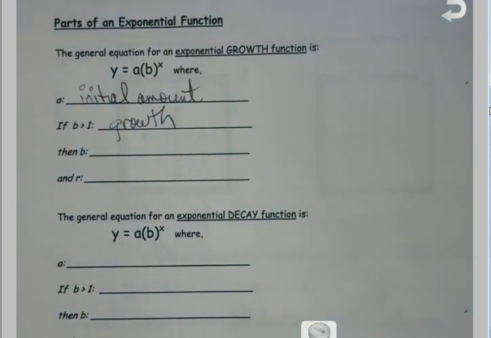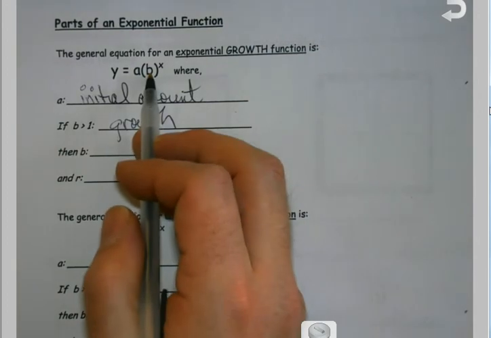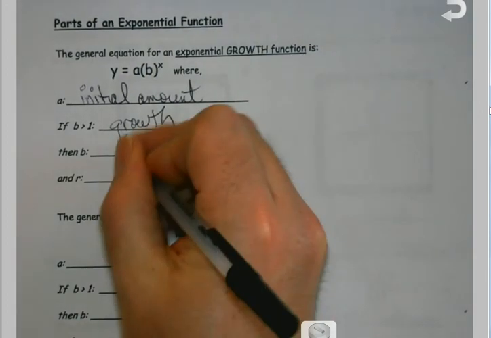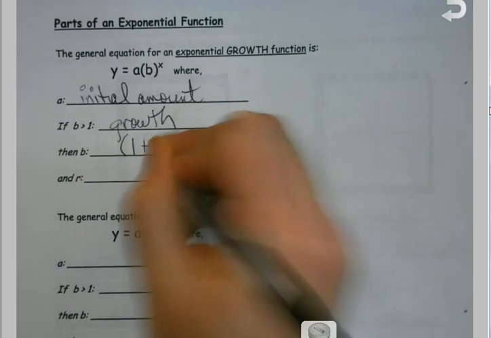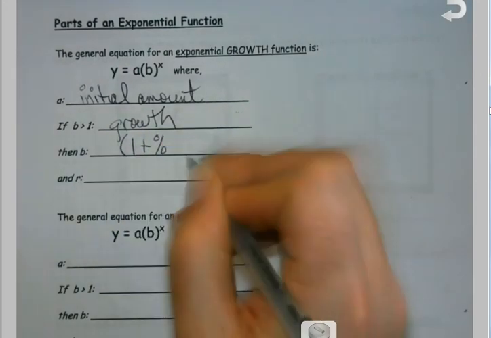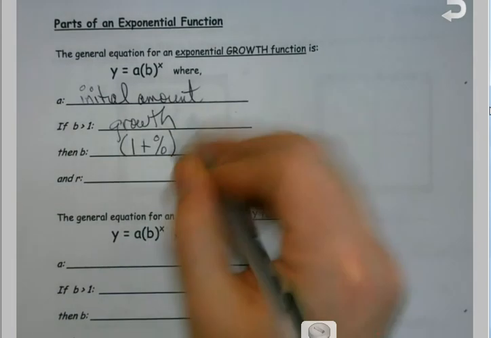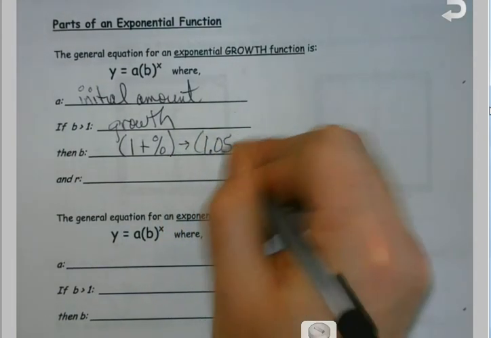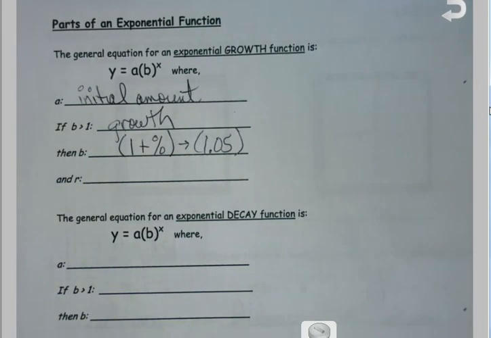And to find that B value, it may not always just be a whole number like 2 or 3 or something like that. We talked yesterday about how oftentimes it can be 1 plus some percentage. So like for example, if my B value is 1.05, let's say, it's bigger than 1, so I know it's growth.